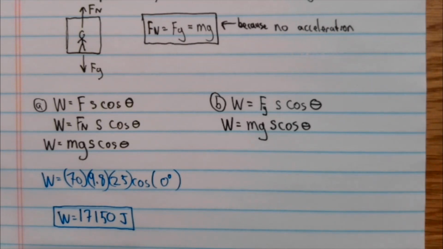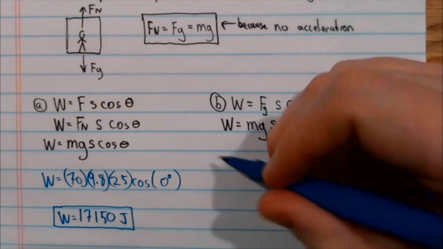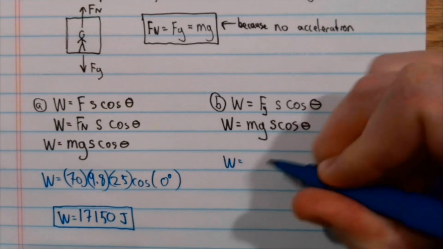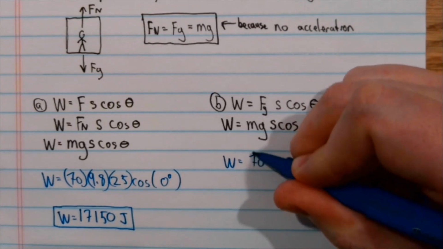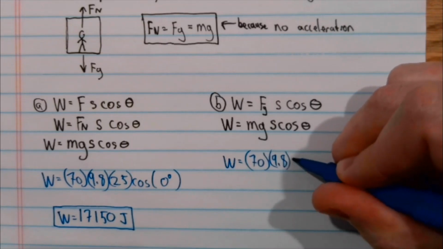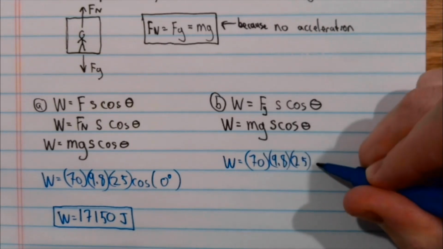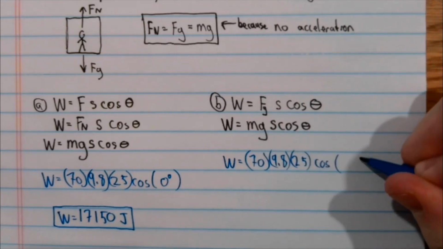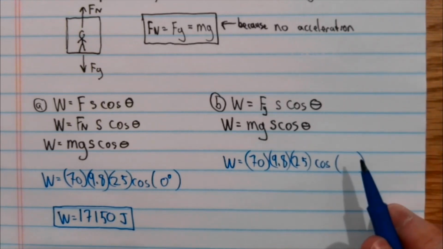Let's plug everything in. Work equals 70 times 9.8 times 25 times cosine, not sure.